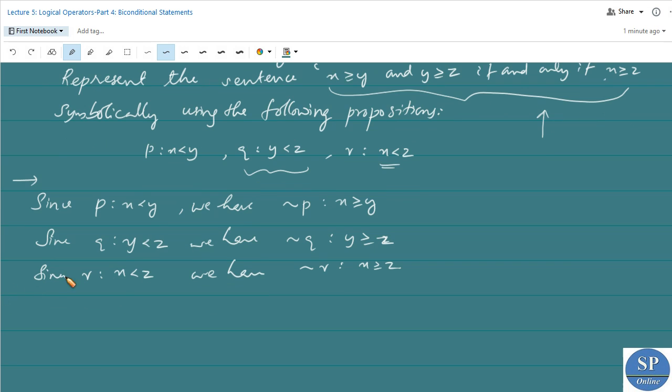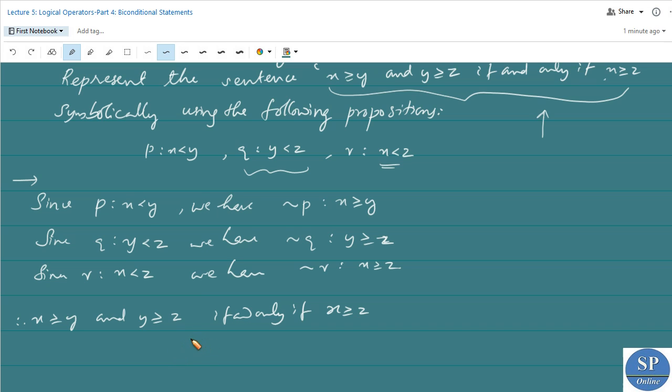So the required symbolic form of this sentence: the sentence is x greater than or equal to y and y greater than or equal to z if and only if x greater than or equal to z.